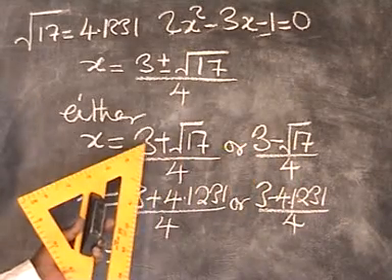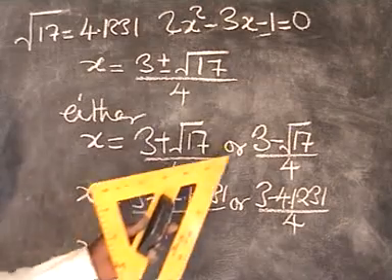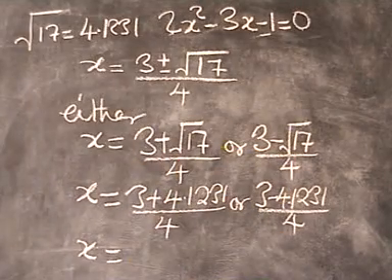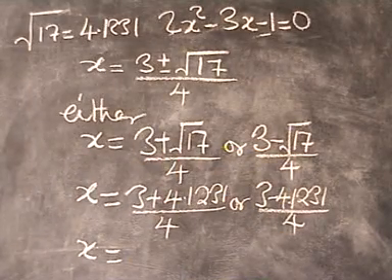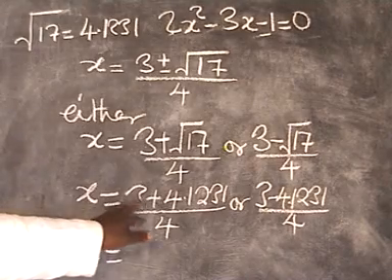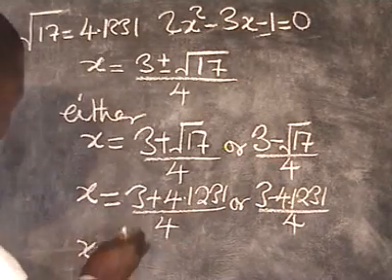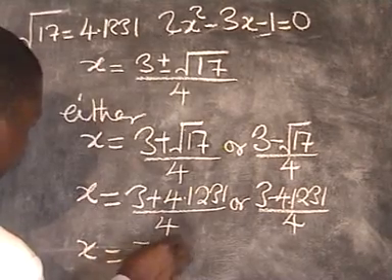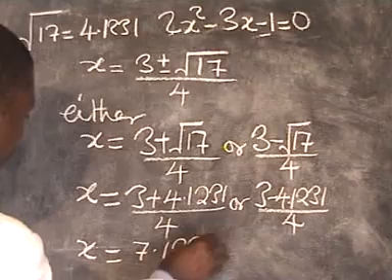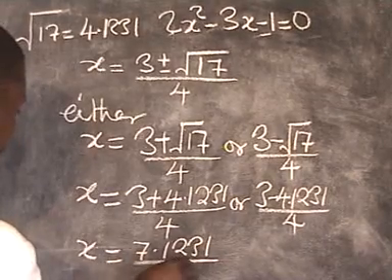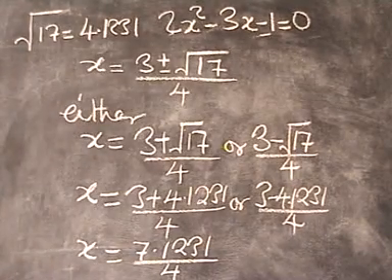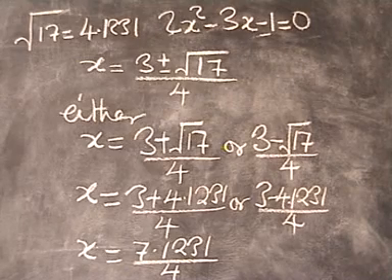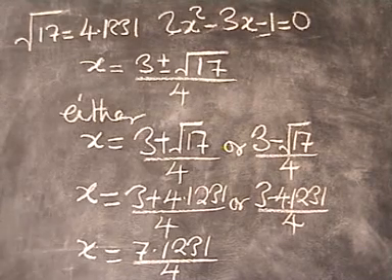So in the first place, you are going to add a 3 to that, and there you subtract a 3. I'm sure that is seen. So if a 3 is added, you are going to get 3 plus 4.1231, which is 7.1231. Still you maintain over 4. Remember, you haven't divided by 4 yet.